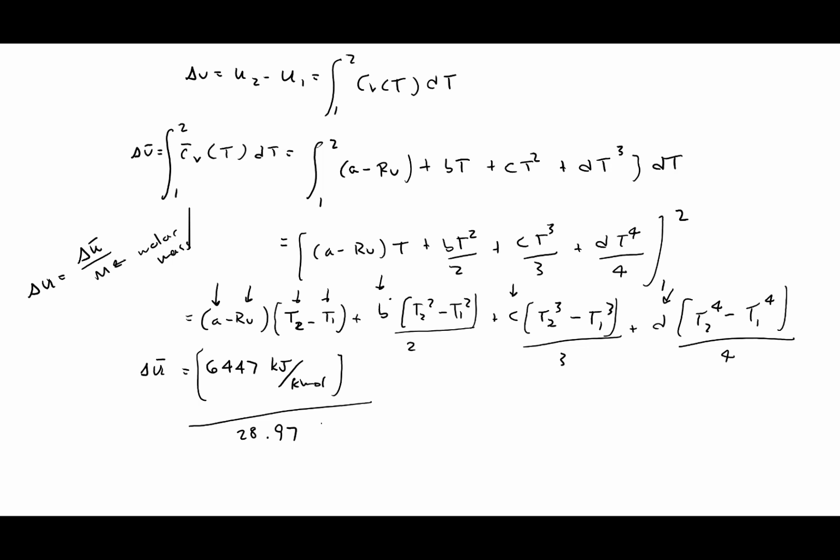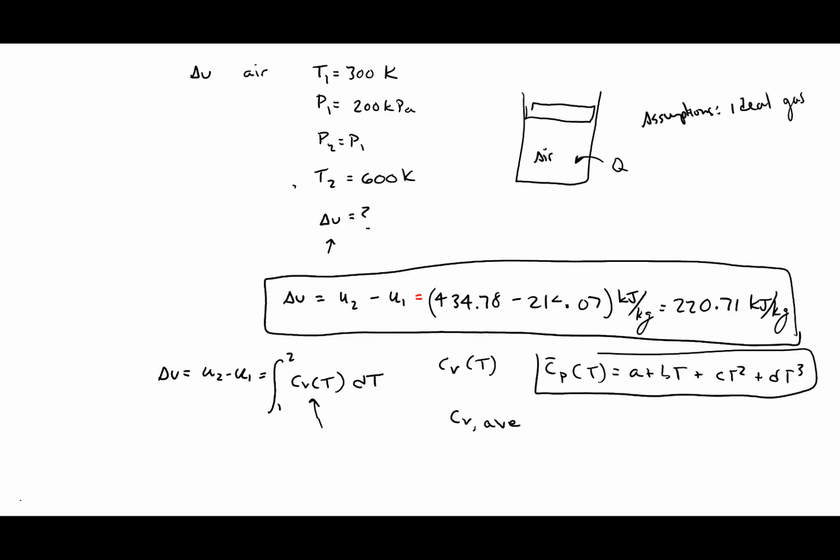The molar mass is in units of kilogram per kilomole, so the kilomoles are going to cancel, and I get 222.5 kilojoules per kilogram.